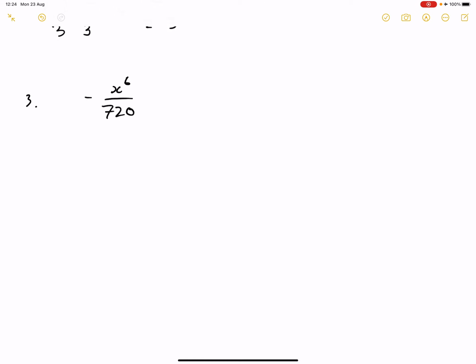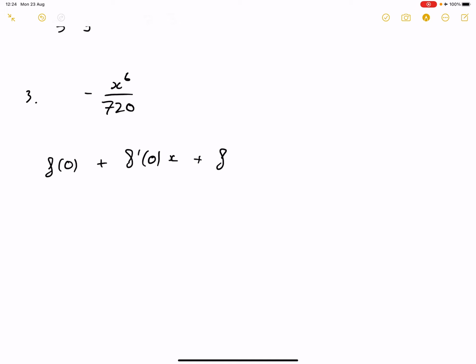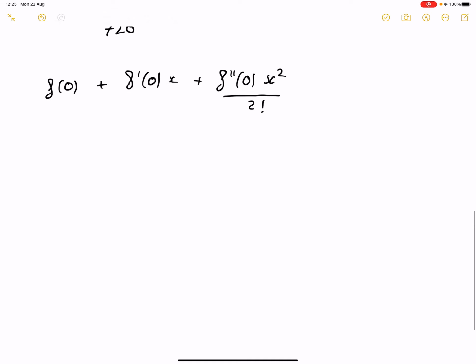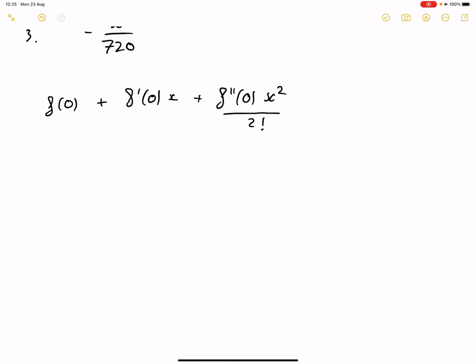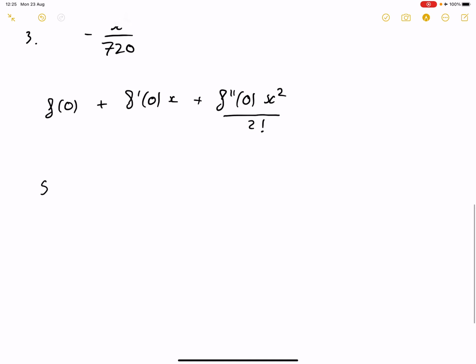So, the way you do this is you do f of 0 plus f dash of 0 times x plus f double dash of 0 times x squared over 2 factorial, and you keep going with this pattern. So let's try our options. Our options are sin x, cos x, e to the x, and ln of 1 plus x. So I'm just going to go through them.